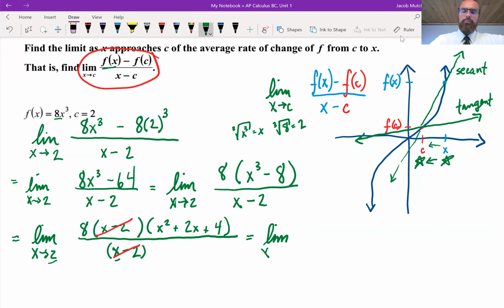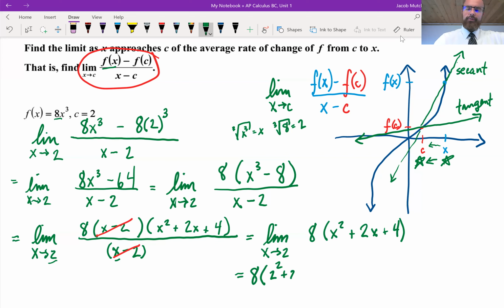The limit as x approaches 2 of 8 times x squared plus 2x plus 4. So now I'm ready to calculate that limit. I'm just going to do direct substitution. 8 times 2 squared plus 2 times 2 plus 4.